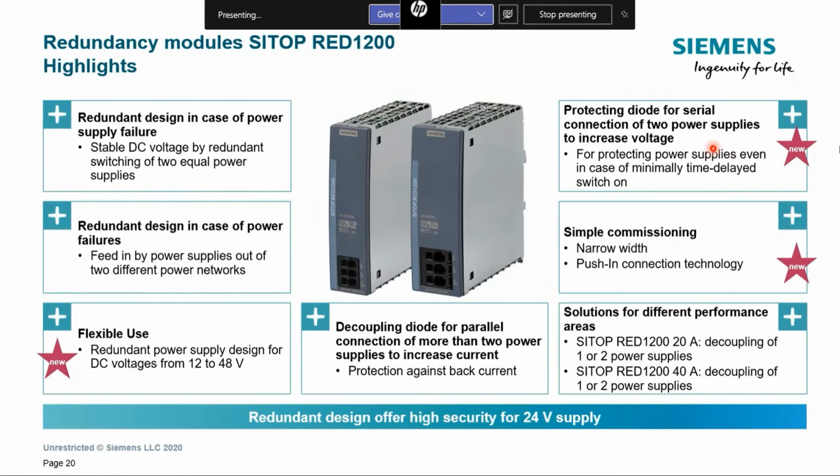So if you want to have a 48-volt power supply out of two 24-volt power supplies, then in order to provide the necessary protection to the power supplies, we use this redundancy module also to couple the power supplies in order to provide a 48-volt power supply.